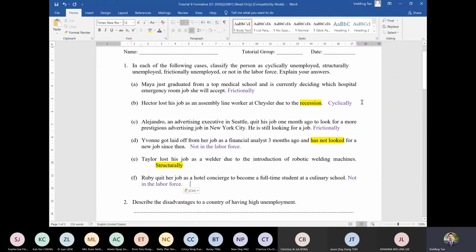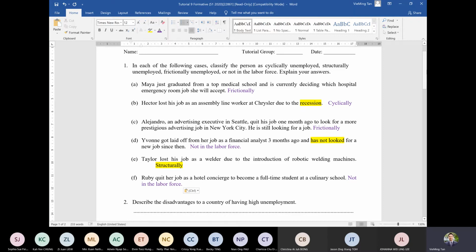So the answer is not in the labor force. This question is to test your understanding of the 4 types of unemployment and also how to define the labor force. Okay, so far so good.